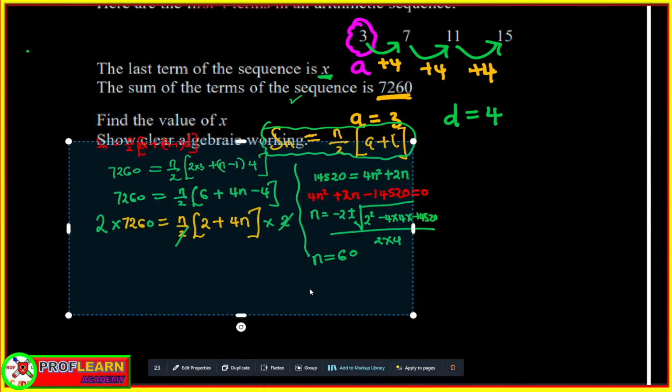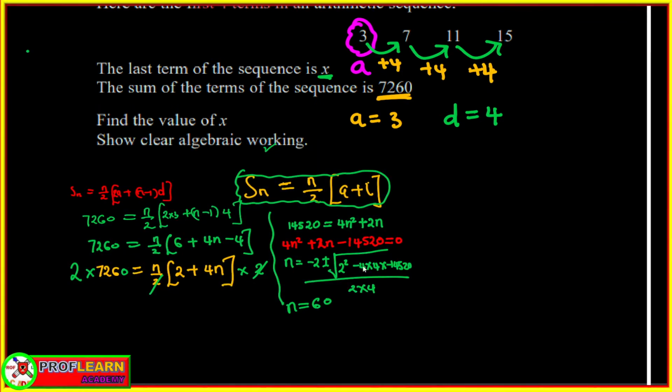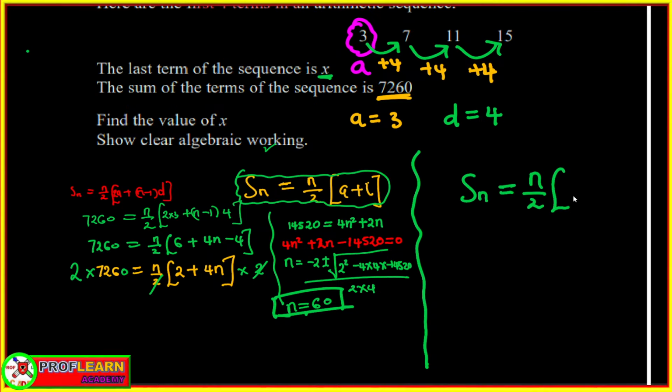Since we were told that the last term is x, now that we have the value of n, I've actually found only one value because the other one will not satisfy this, because we agreed that n must be an integer. So remember, the sum of n terms is given by n over 2 into a plus the last term.